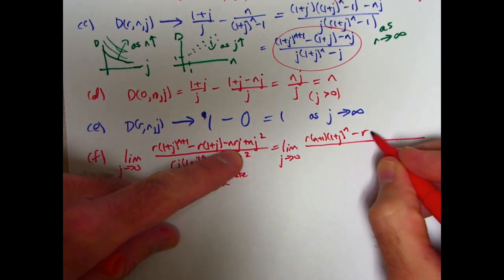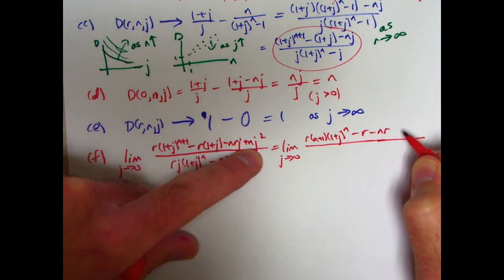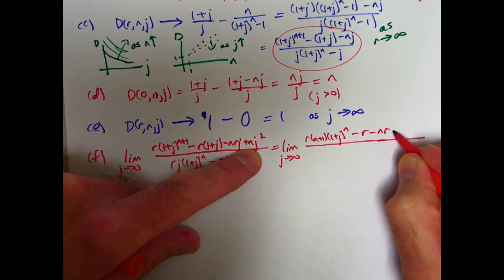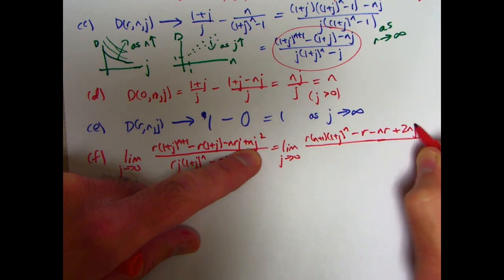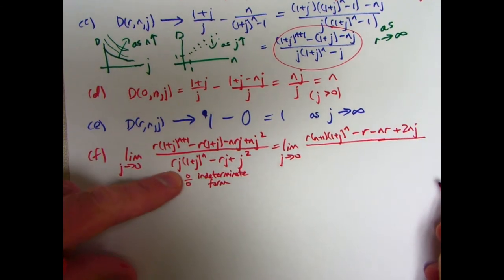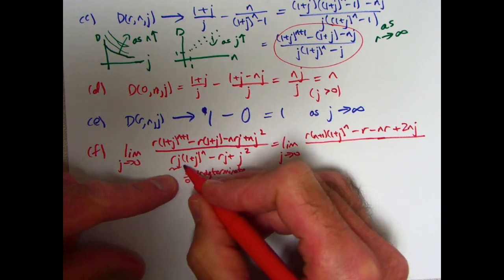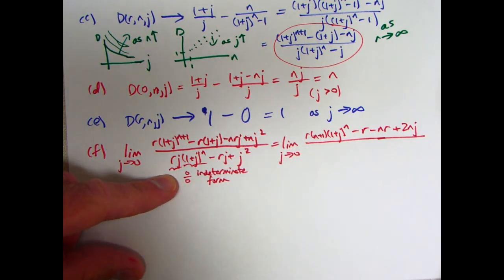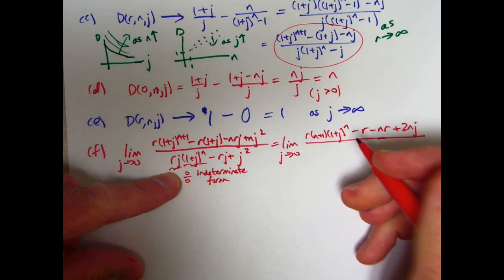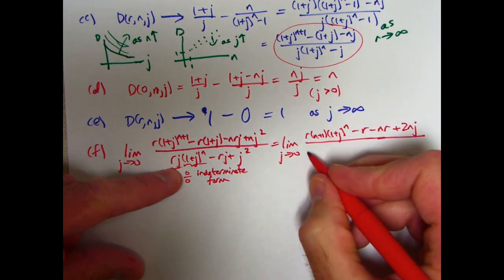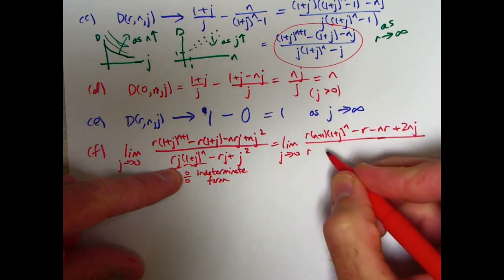This thing has derivative minus nr. And this thing as a function of j has derivative plus 2nj. In the bottom, we are going to need the product rule here. We've got a product, this times this, as well as the chain rule, though the chain rule again comes across in a trivial way. The derivative of r times j with respect to j is r.